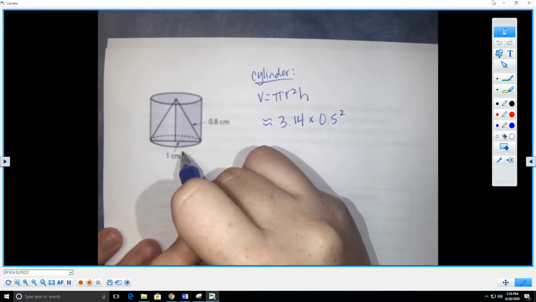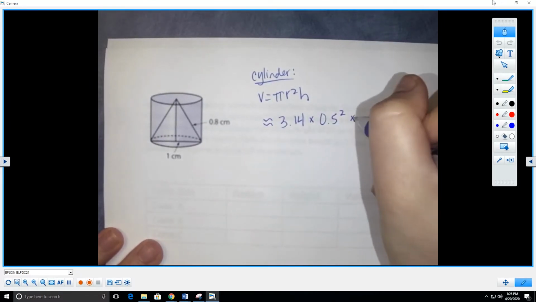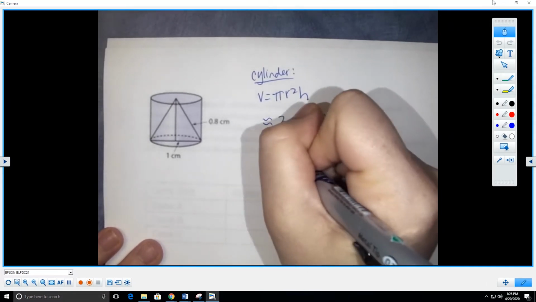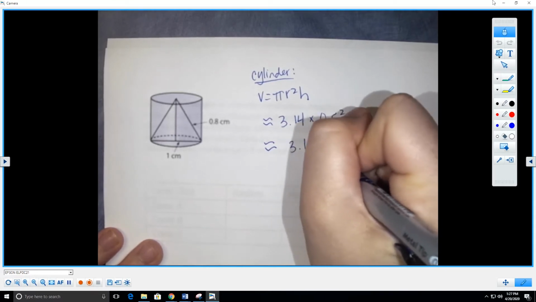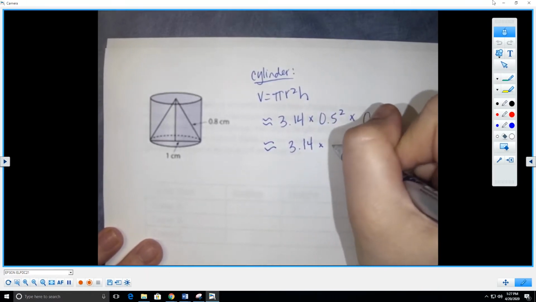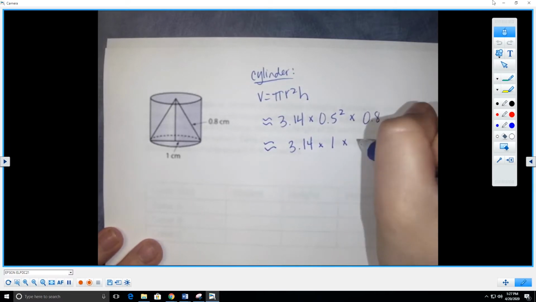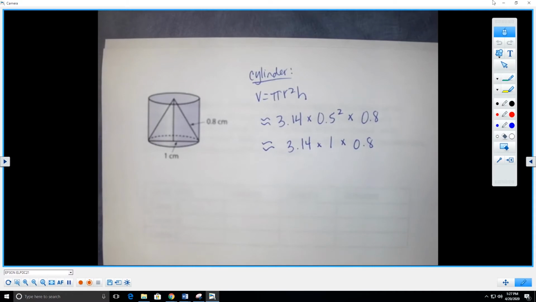I just cut that diameter in half. Times 0.8. So I have 3.14 times 1 times 0.8. So let's plug that into our calculator.